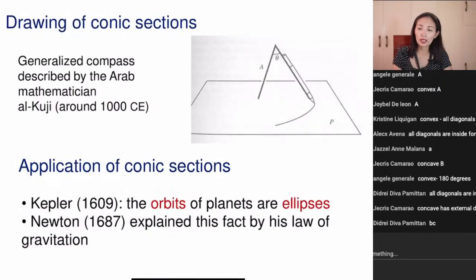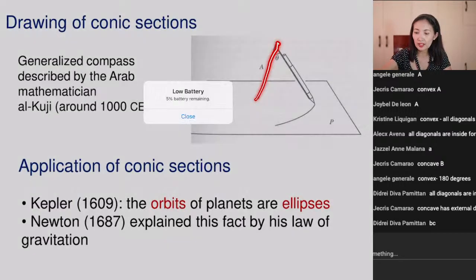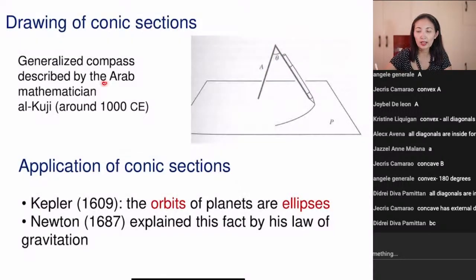So, drawing of the conic sections. Generalized compass. To draw a conic section, we can make use of a generalized compass described by the Arab mathematician Al-Kuhi around 1000 CE. Some other applications of the conics, like what we mentioned a while ago, Kepler made use of it also to explain distances and later on the orbit of the planets in terms of ellipses.